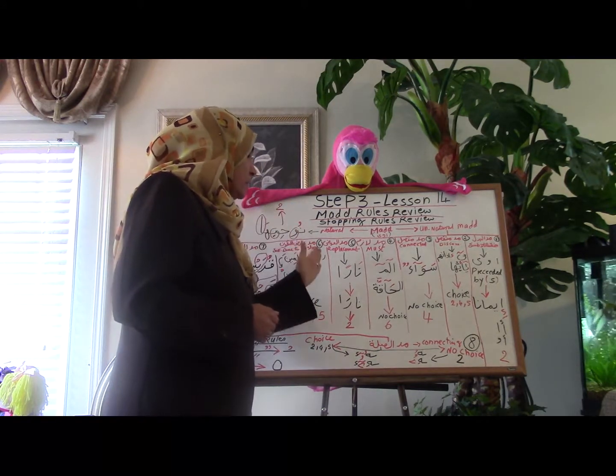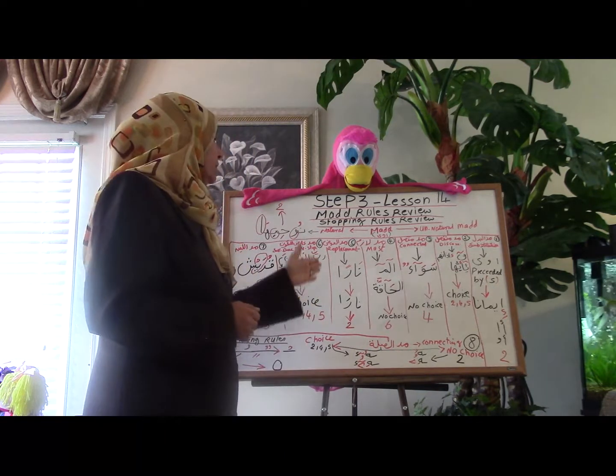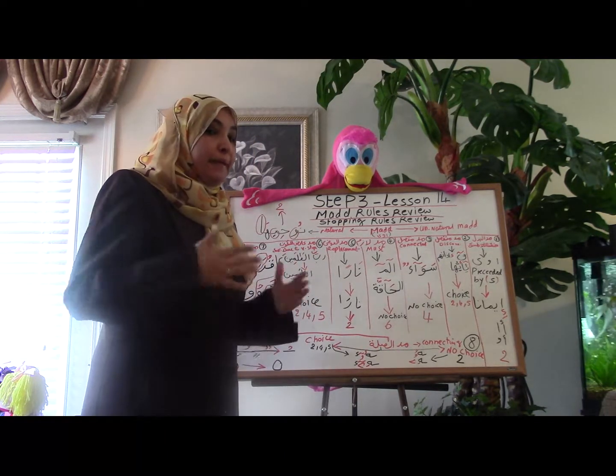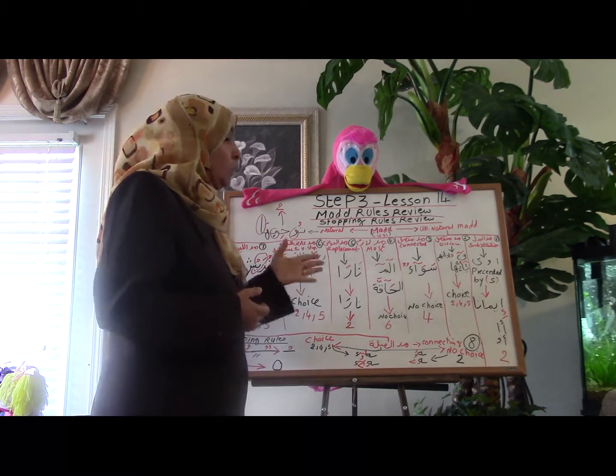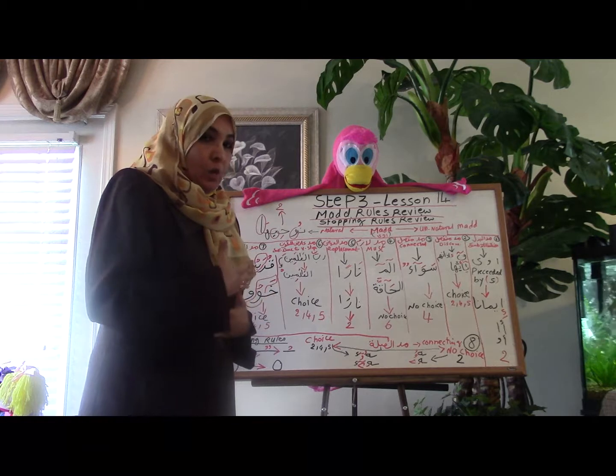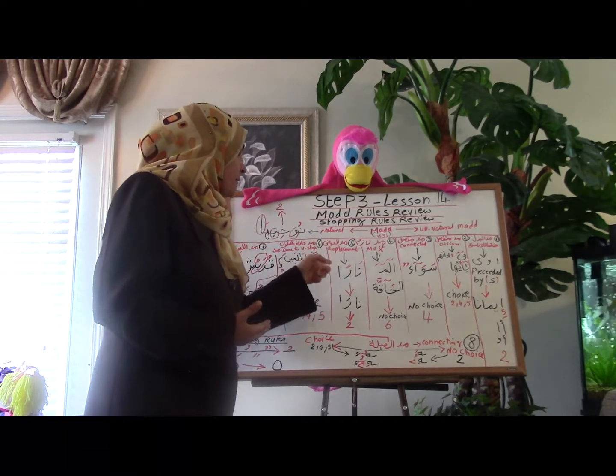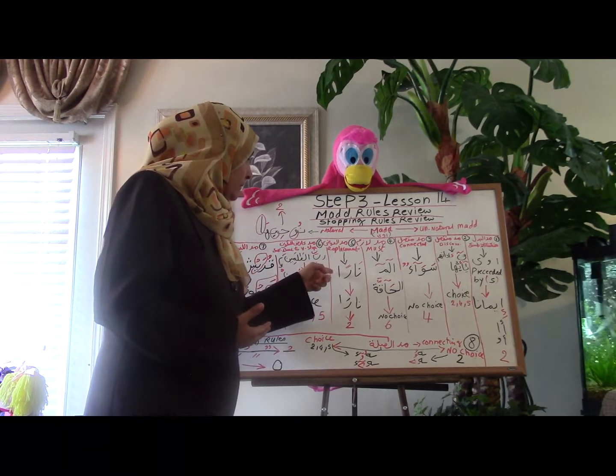The fifth type of mad we talked about is mad al-iwad, or replacement mad. This is a very easy mad. It is only when I stop reading on a word that has fatha tanween.